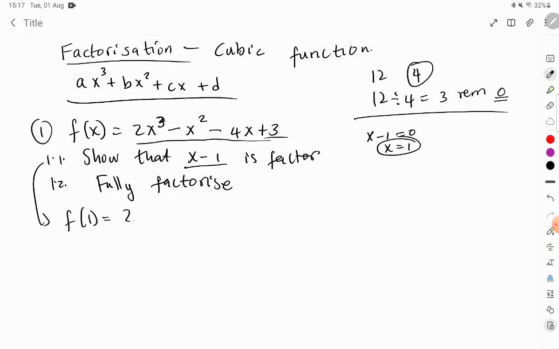What that means is you are substituting 1 where there is x: 2 times 1 cubed minus 1 squared minus 4 times 1 plus 3. And this, definitely you'll find that it's equal to just 2 minus 1 minus 4 plus 3, which is 0. So it tells you that x minus 1 is definitely a factor.